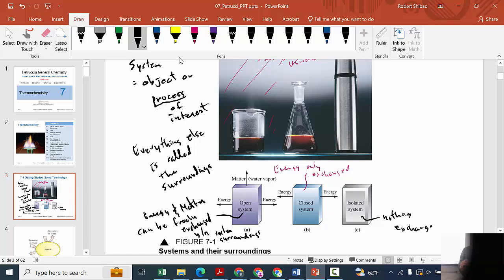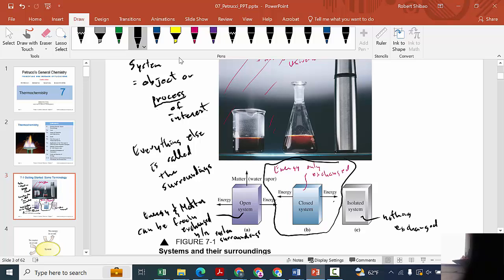Actually, we never deal with the open system because the open system is too messy. So primarily, we look at closed systems like this. Sometimes we'll look at isolated systems. But even if we look at isolated systems, within the isolated system we'll have a subsystem and a sub-surroundings that we look at.